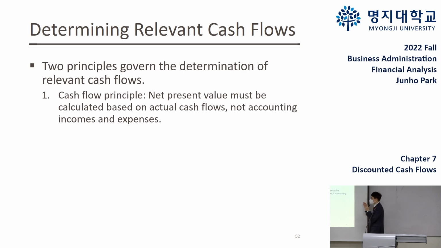So some of the items that you will find in the project description are not actual cash flows, but just accounting terms which are used to adjust your balance sheets and the income statements. Therefore, you should not take those things into the calculation because we are doing finance, where we need to care about the real cash flows and their real economic values, and that means we don't have to take accounting incomes or expenses into consideration.